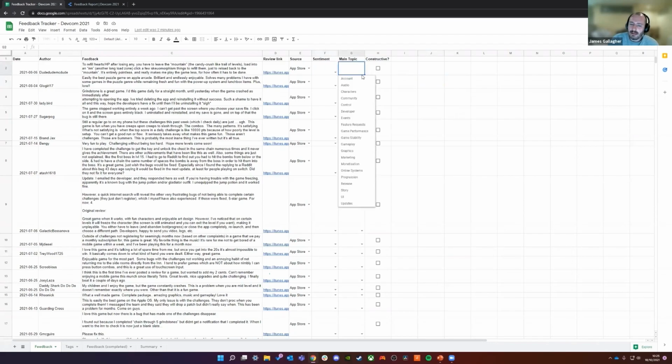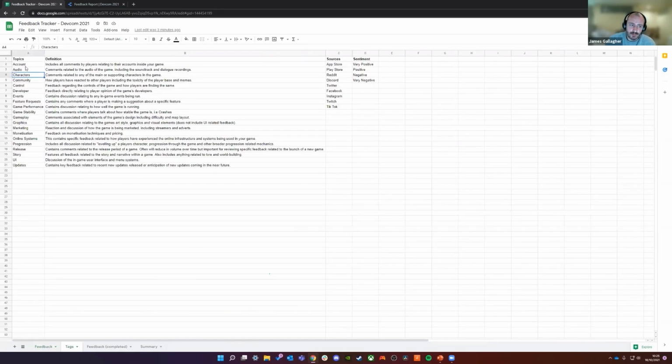And then the topic. These are the topic tags that we use. They're quite generic. We find that they cover most games pretty well. If I flip over to this tab, we have a breakdown here, just to remind us exactly what these topics cover. But you could customize these if you wanted to take this approach.